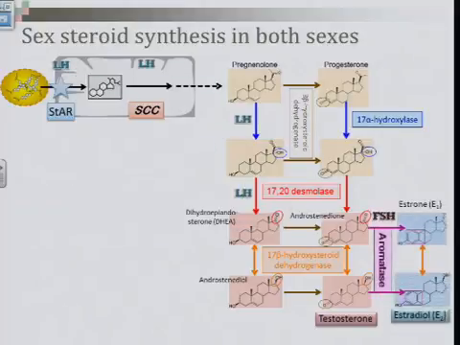To get estrogens, you need aromatase. In this pathway, LH, as we'll see, stimulates steroid acute regulatory protein, the side chain cleavage, the 17-alpha hydroxylase, as well as the desmolase. Aromatase, however, is stimulated only by FSH.